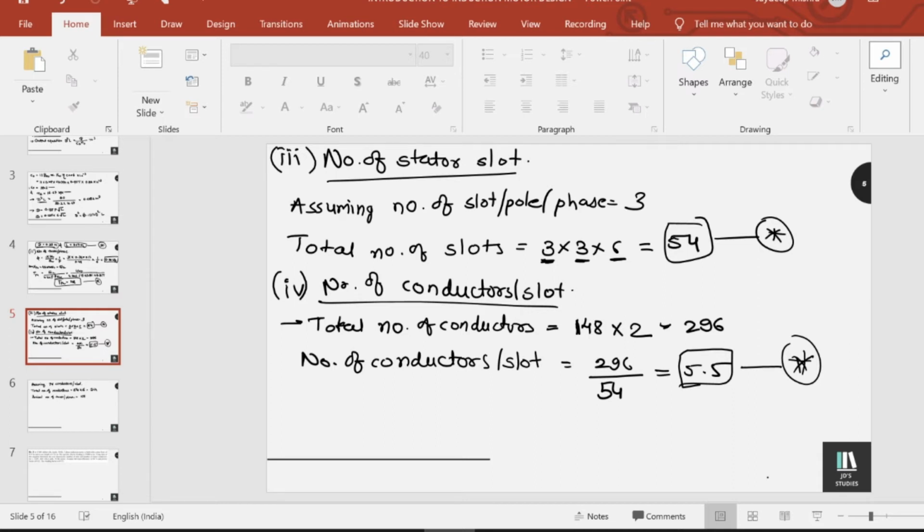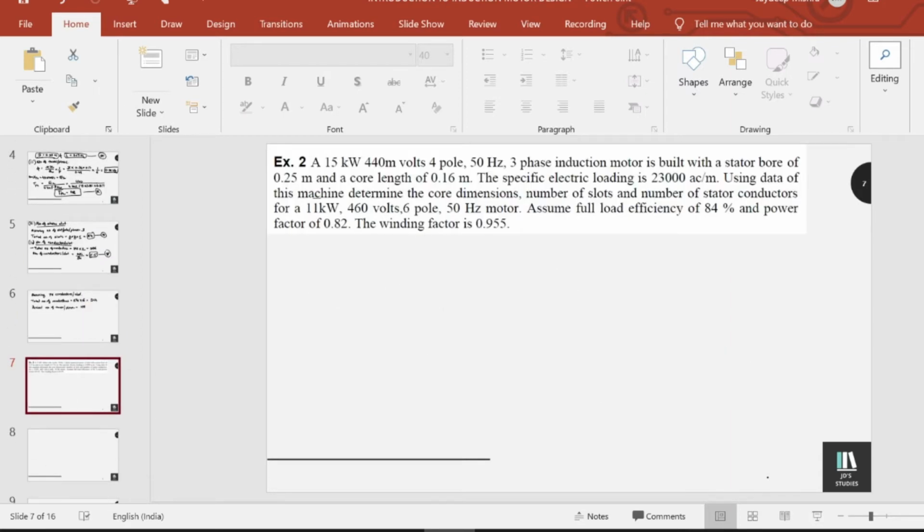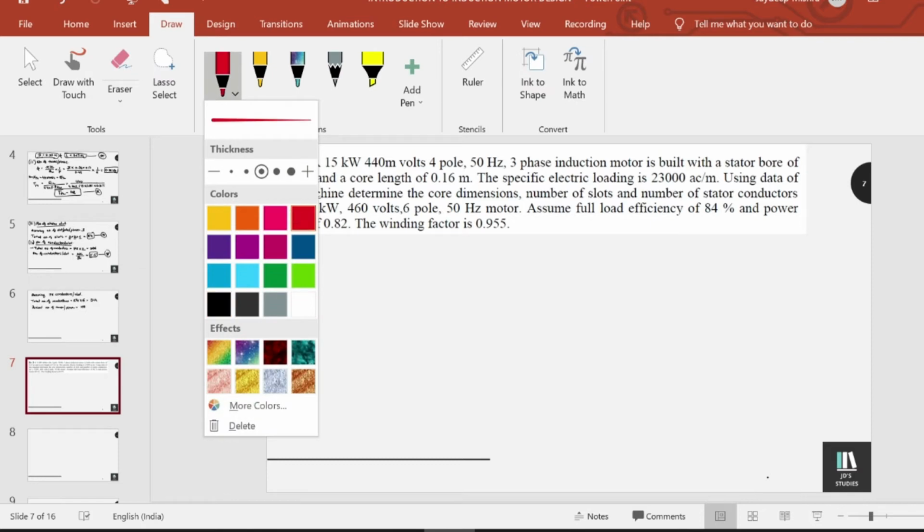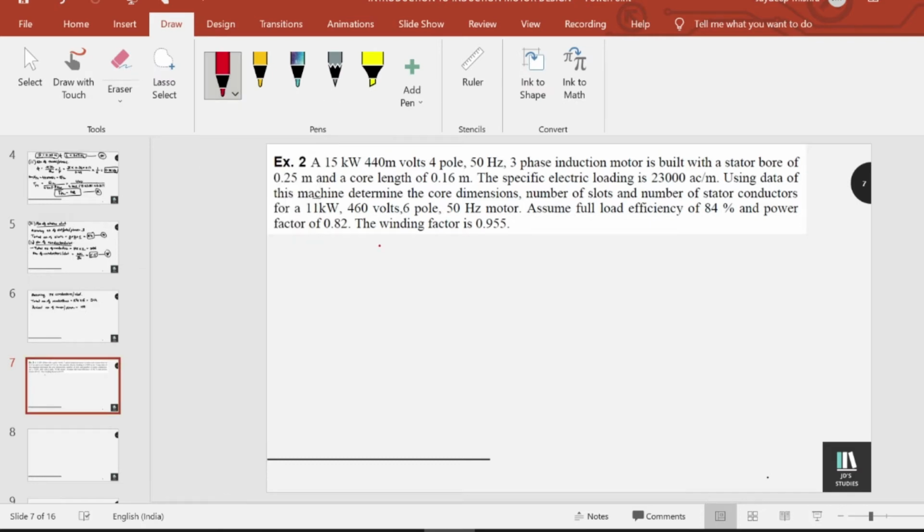Okay, now the second example. Here in the example, the data given is 15 kilowatt, 440 volt, 4 pole, 50 hertz, 3-phase induction motor built with a stator bore of 0.25 meter and core length of 0.16 meter.